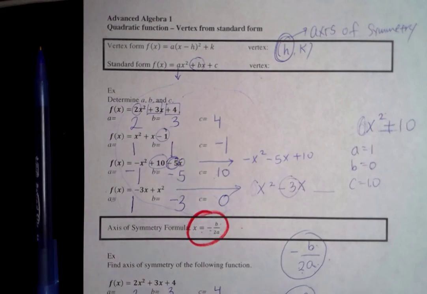I told you, order matters. If it's not in the right order, you need to change it, or go by the power. What is my a? The number in front of x squared. What is my b? The number in front of x. What is my c? The constant. I told you, a cannot be 0, but b and c could be 0.